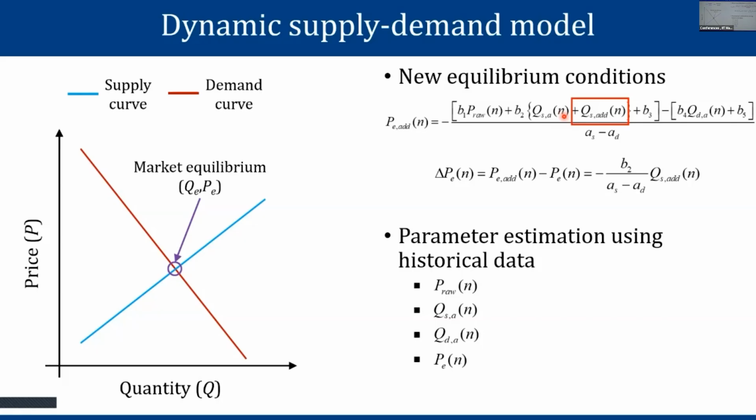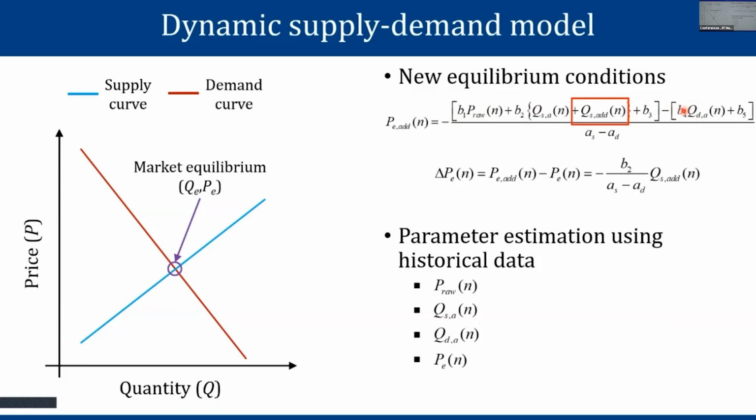So this equation basically describes the changes in the market price due to the excess supply of the product from the CCU plant. So in this model, we have some parameters, for example, AS and AD, which are the slope parameters, and some more parameters like B1, B2, or B3.